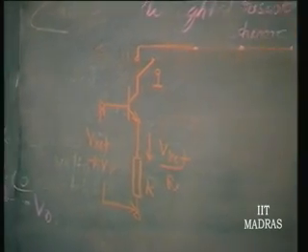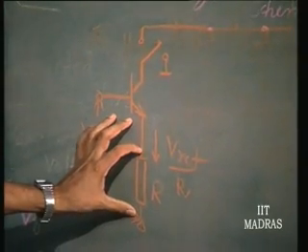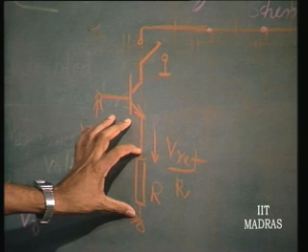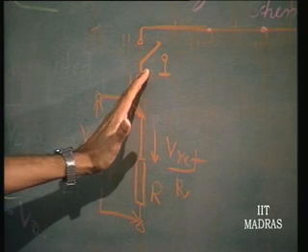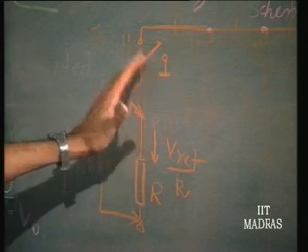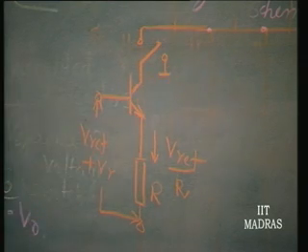So, here it is avoiding what? The resistance of the switch coming in series with R, and the current ultimately obtained by this current generator is going to be switched either to the virtual ground or to the ground.